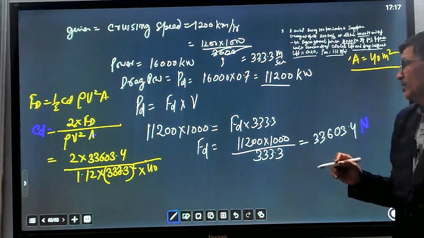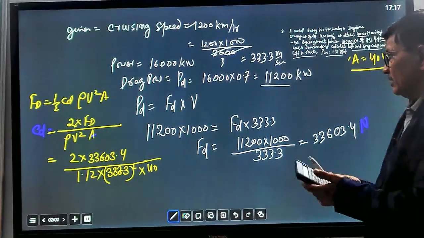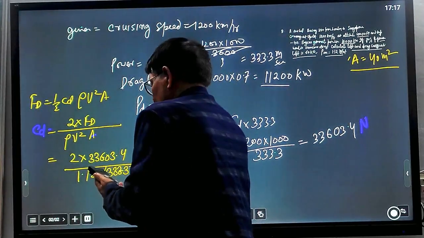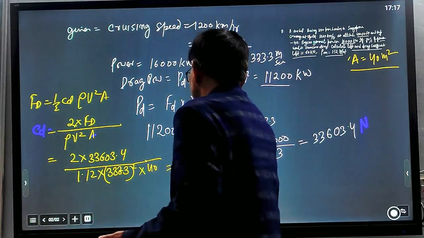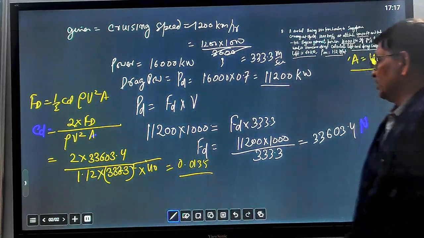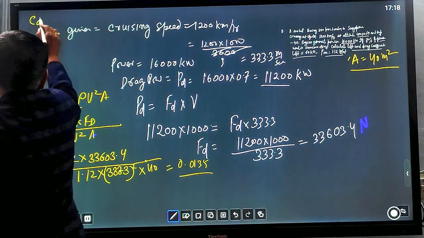So drag will be created. This drag has to be overcome. So now calculating the drag coefficient, that is equal to 0.0135. This coefficient is 0.0135 drag coefficient.